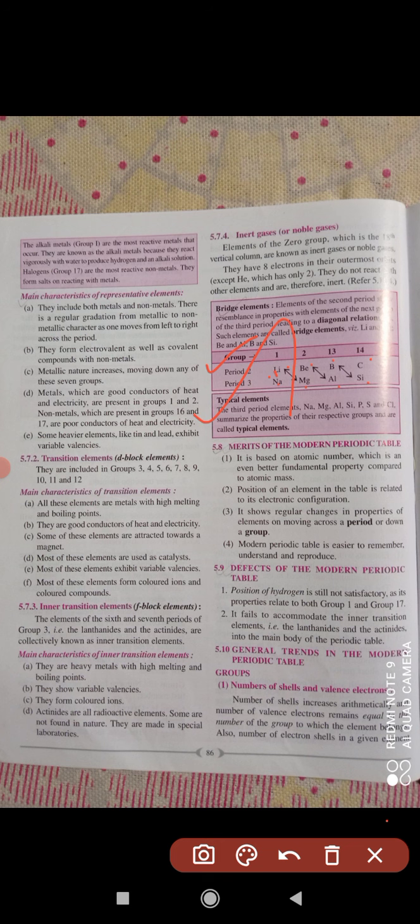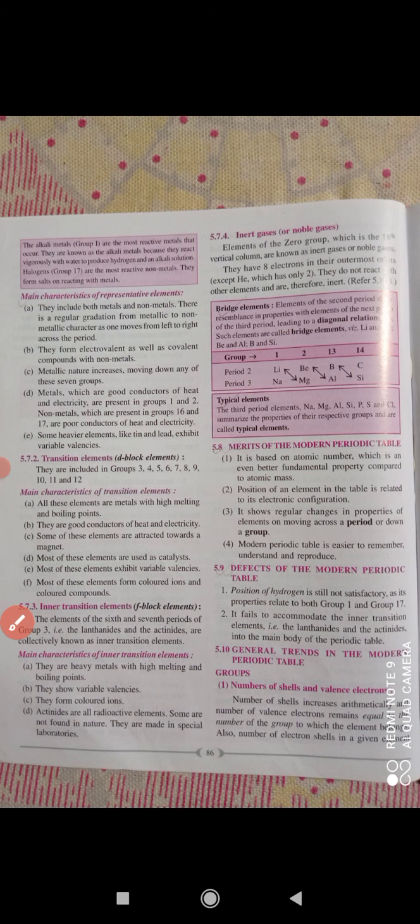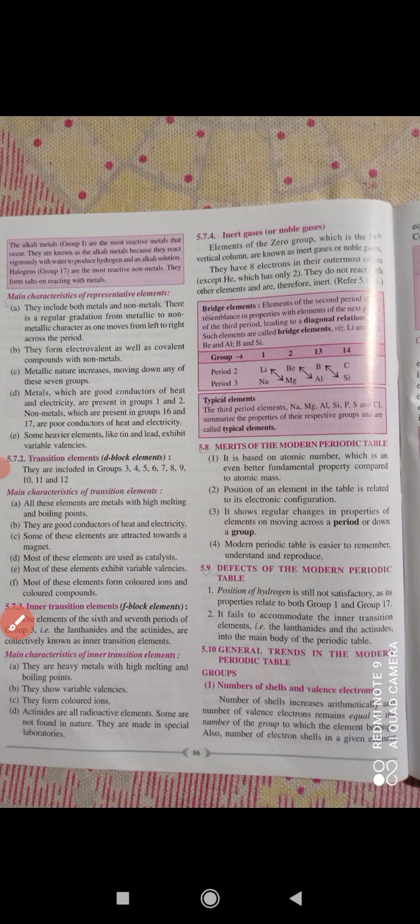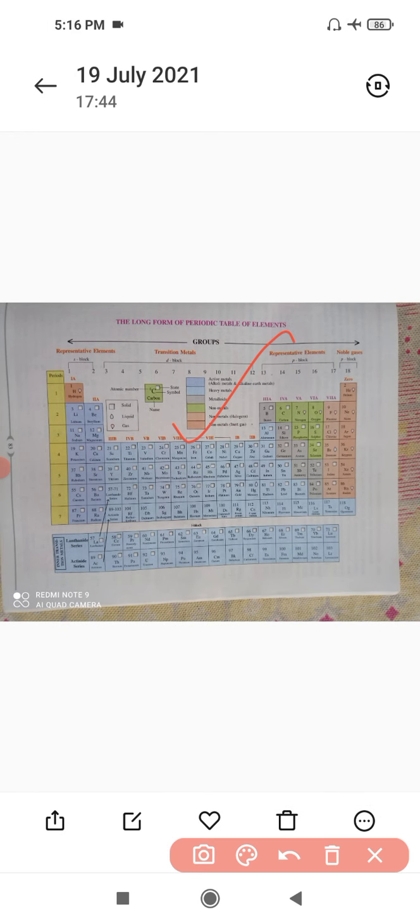Now, typical elements: the third period elements are called typical elements because they summarize the properties of their respective groups. Why, students? Here you can see all three: sodium, magnesium, aluminum.